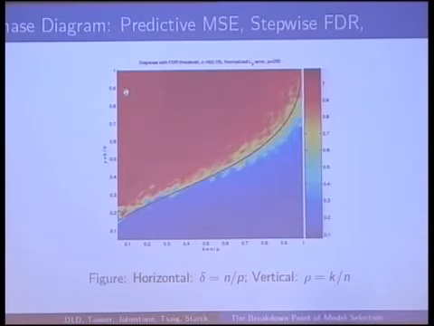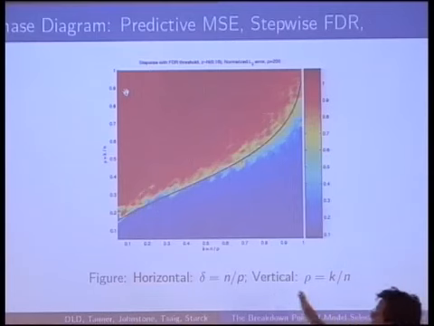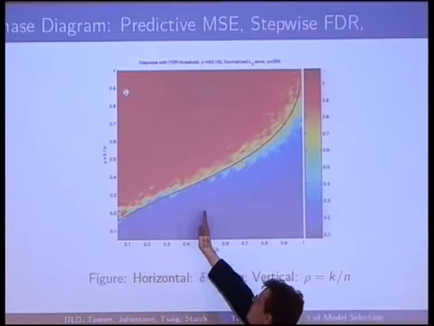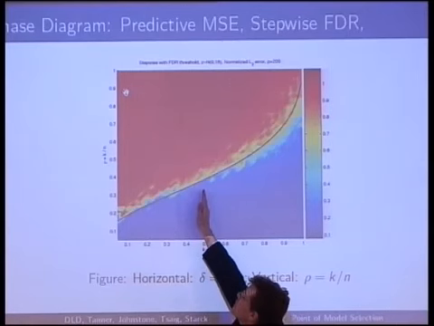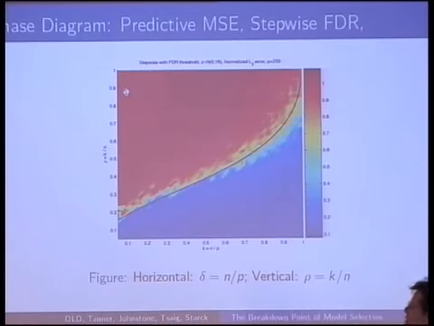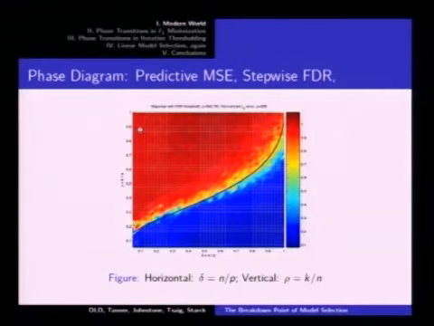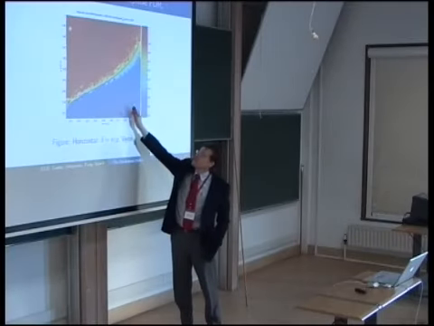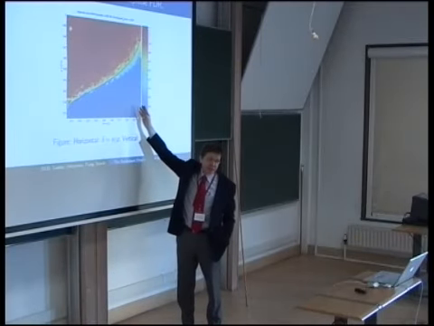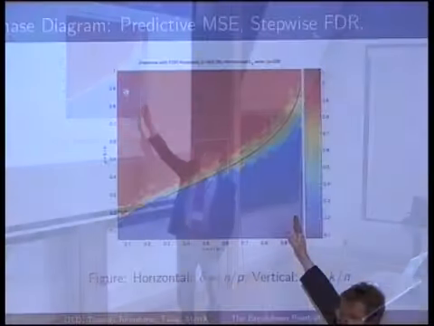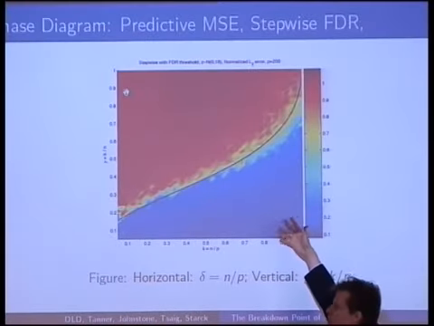And what you see is that along any given amount of determinacy, as you increase the sparsity, you get basically something blue, then all of a sudden it jumps to red. What the shaded attribute is saying is that effectively you're making relatively small errors in predicting the phenomenon. This is a future prediction.